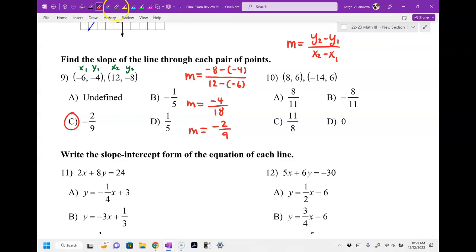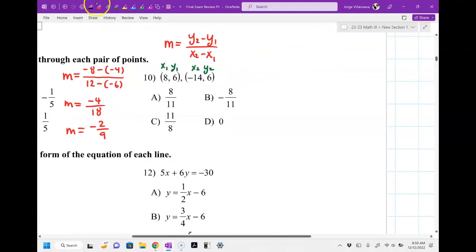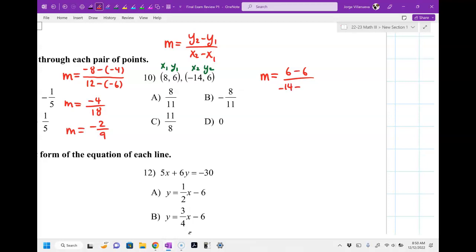All right, so let's check the next problem here, number 10. x1, y1, x2, y2. So slope is equal to y2 minus y1, 6 minus 6, over x2, that's negative 14, minus x1, that's an 8.